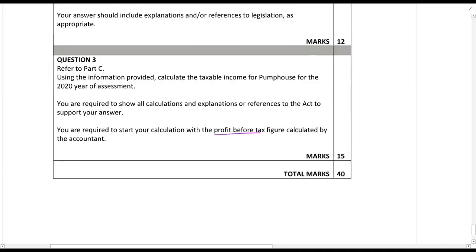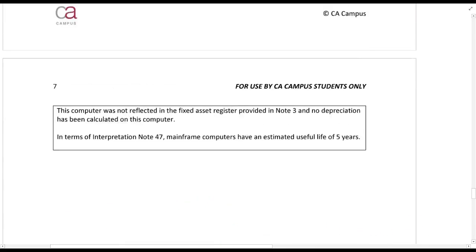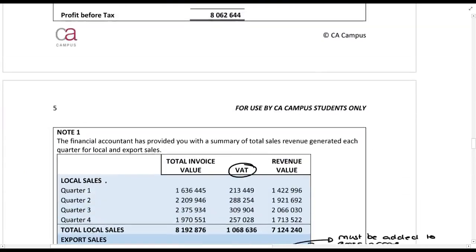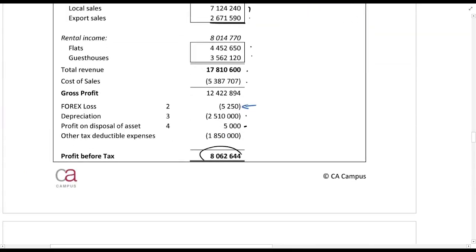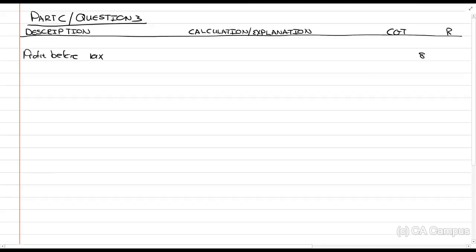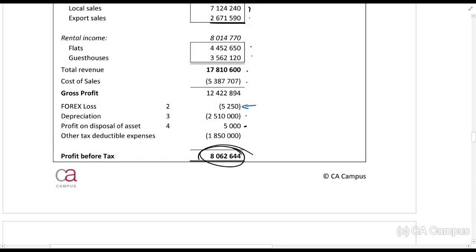Okay, so what did the accountant calculate as the profit before tax? 80,62644. Okay guys, I'm going to just put that down, whatever the profit before tax is. This might be a little bit different by the time that you get your solution. That amount might be a little bit different, but basically start with whatever is there.